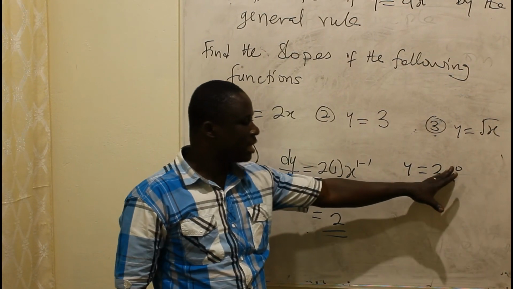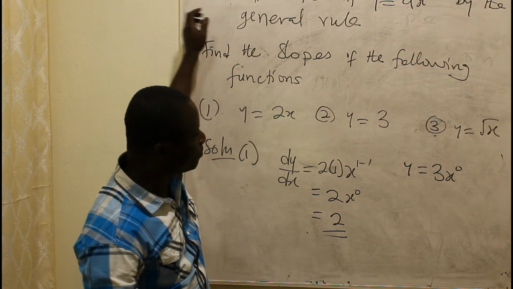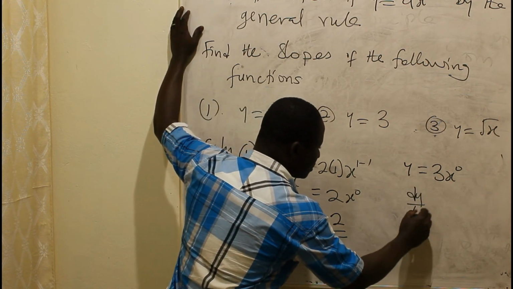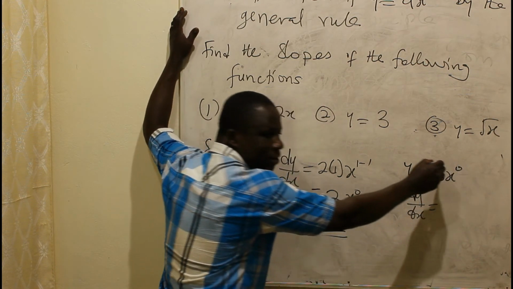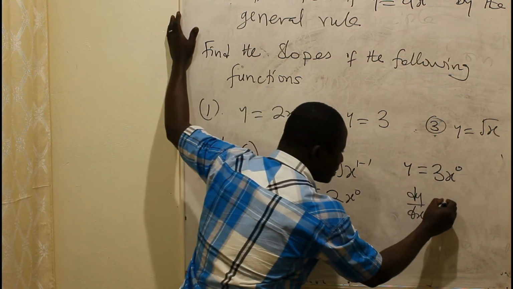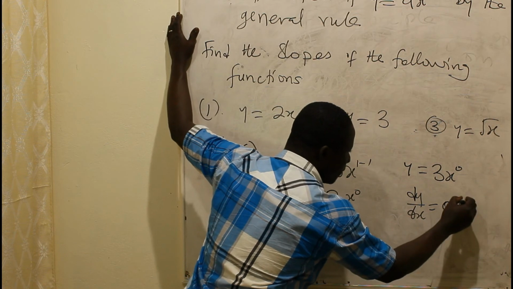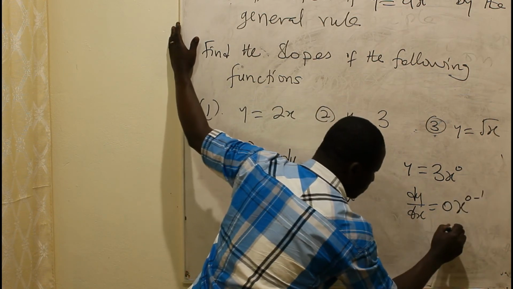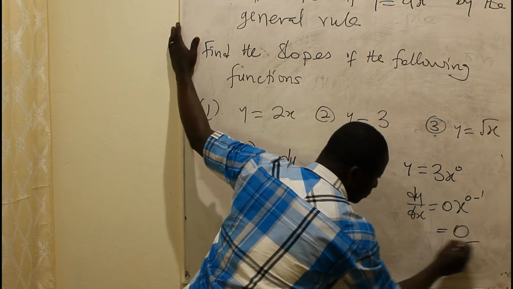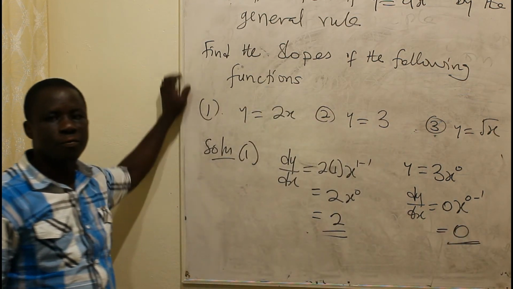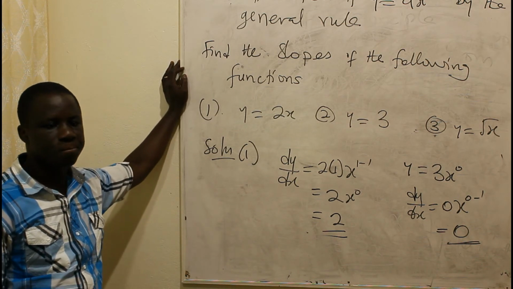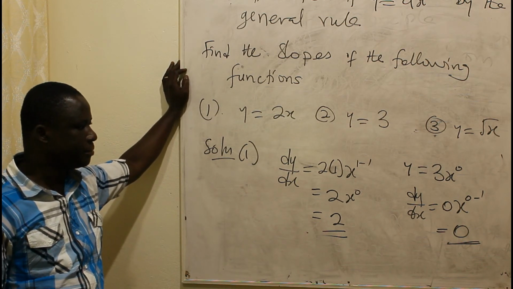Once it's degree 0, if you apply the general rule we have just considered, our dy/dx will be equal to 0 times 3, x power 0 minus 1. And 0 times the whole thing will be what? 0. So anytime you find the slope of a constant, you have to get 0.